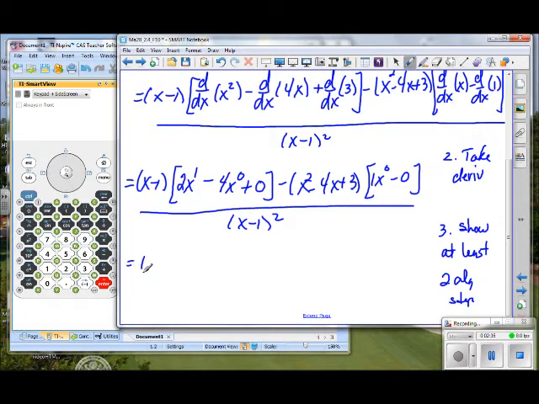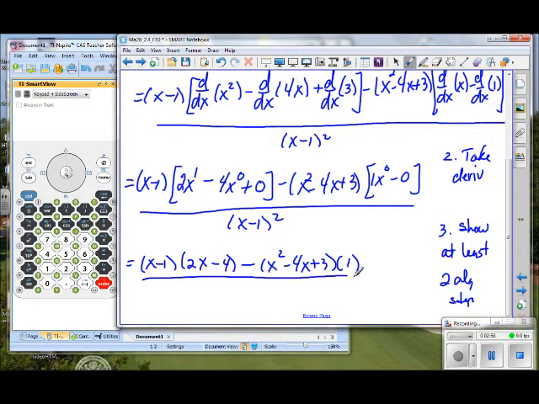Okay, so let's see. We've got x minus 1, and this will reduce down to be 2x minus 4, minus, and we have our x squared minus 4x plus 3 times 1, all of that divided by x minus 1 quantity squared.